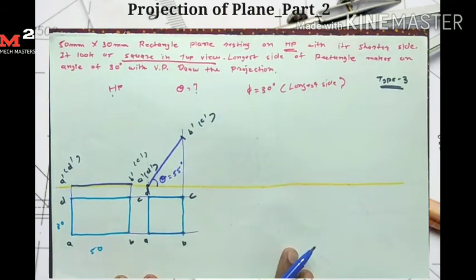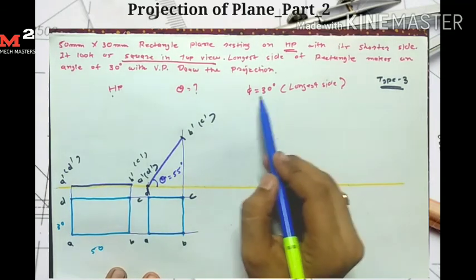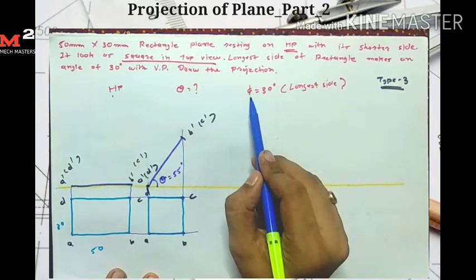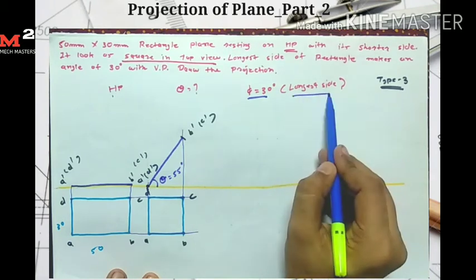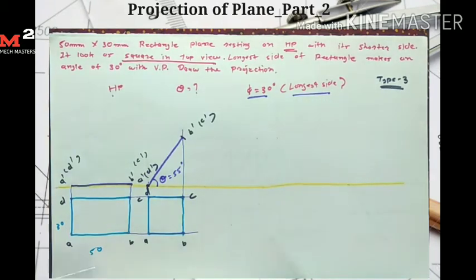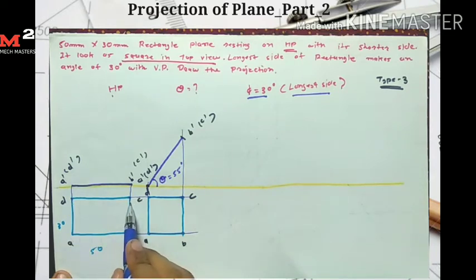Now let's come to the third stage. In the third stage, it is given that the angle phi is equal to 30 degrees, but it is made by the longest side. This angle is made by either side AB or CD. But if we see carefully, in the second stage the length of AB and CD is reduced.